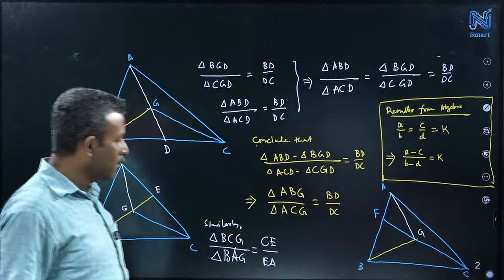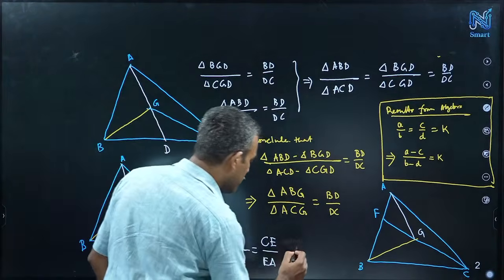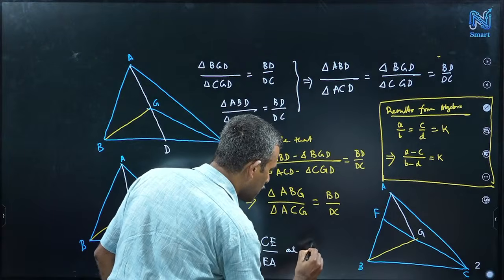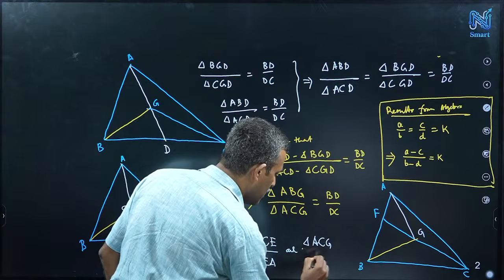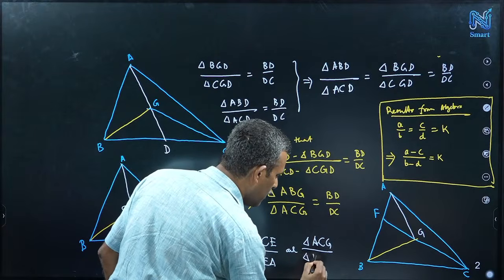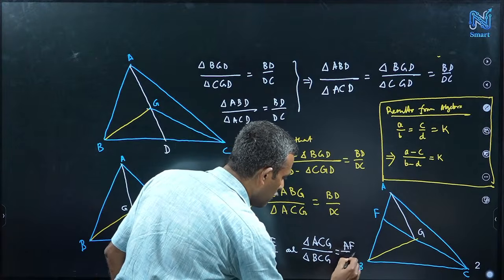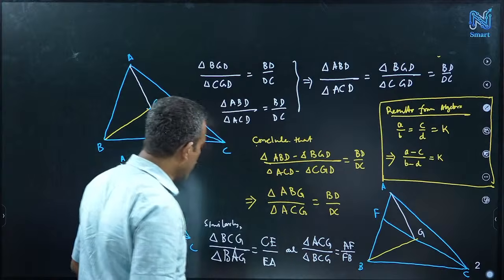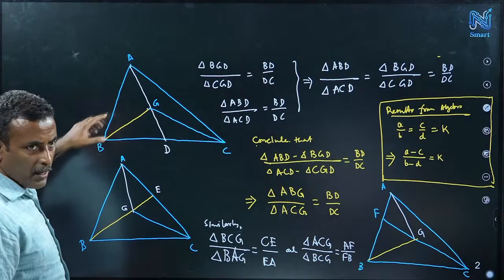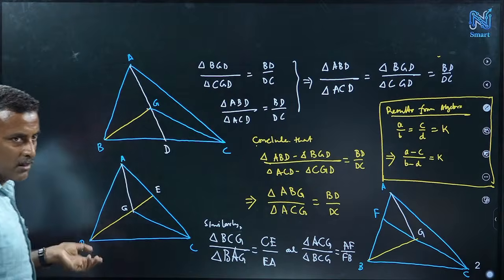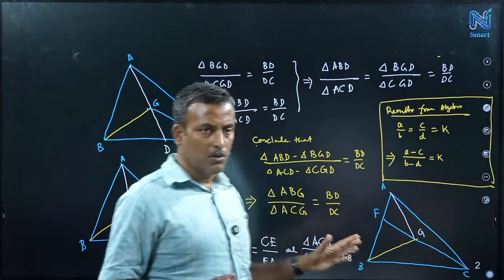So similarly we get the area of triangle ACG divided by BCG is the same as AF by FB. So we write BD, DC, CE, EA, AF, FB, in the same sense, anti-clockwise. Is this clear?